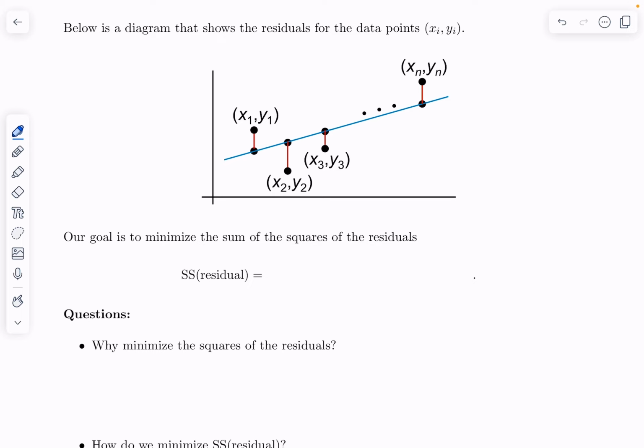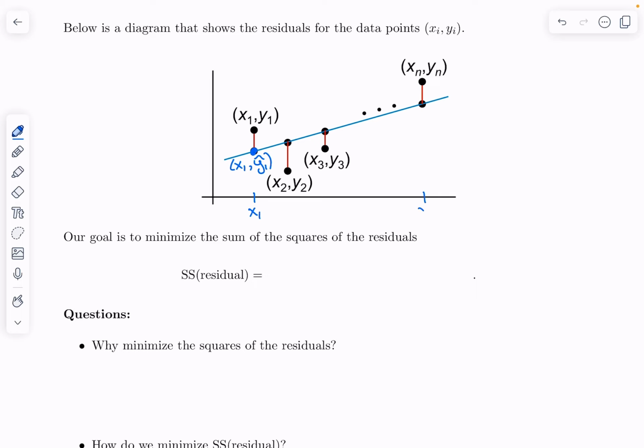So we have data points x1 and y1, x2 and y2, x3 and y3, etc. And then what we have is points on the line that are closest to x1, y1, x2, y2, etc. Okay, so this point right here that's on the line will have the same x value. Here, x1 is that x value. So it'll be x1 and then y1 hat, because we're trying to estimate x1, y1 with the point that's closest on the line. Okay, so let me show you another one.